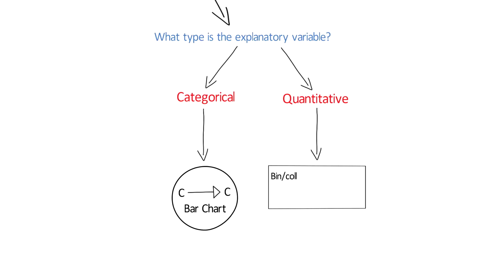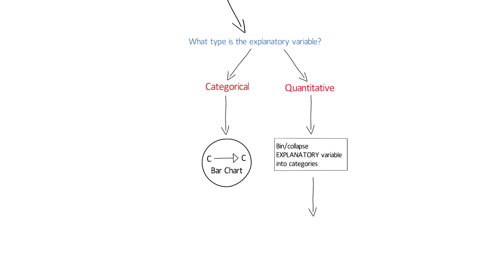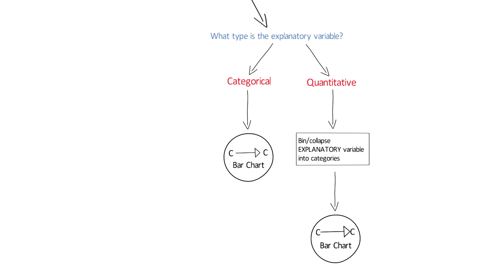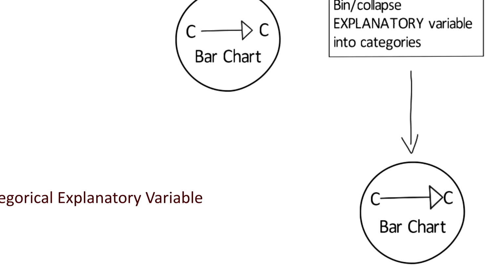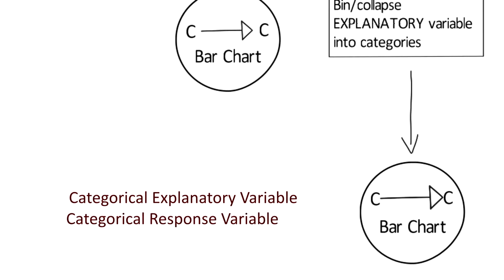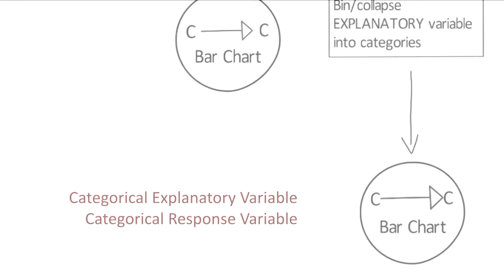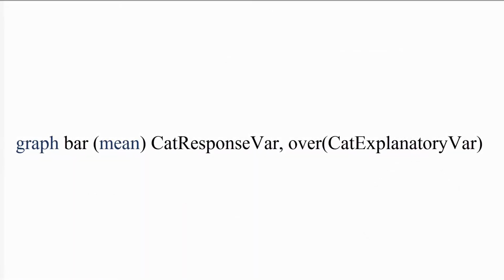Now that we've collapsed our explanatory quantitative variable into categories, we're ready to make our C2C or category to category bar chart. When graphing the relationship between a categorical explanatory variable and a categorical response variable, we use the code graph bar (mean) categorical response variable, comma, over (categorical explanatory variable).